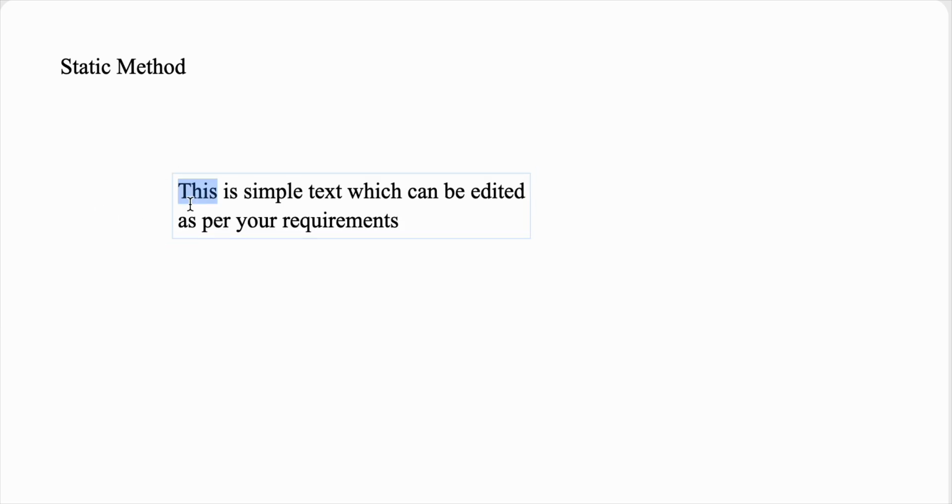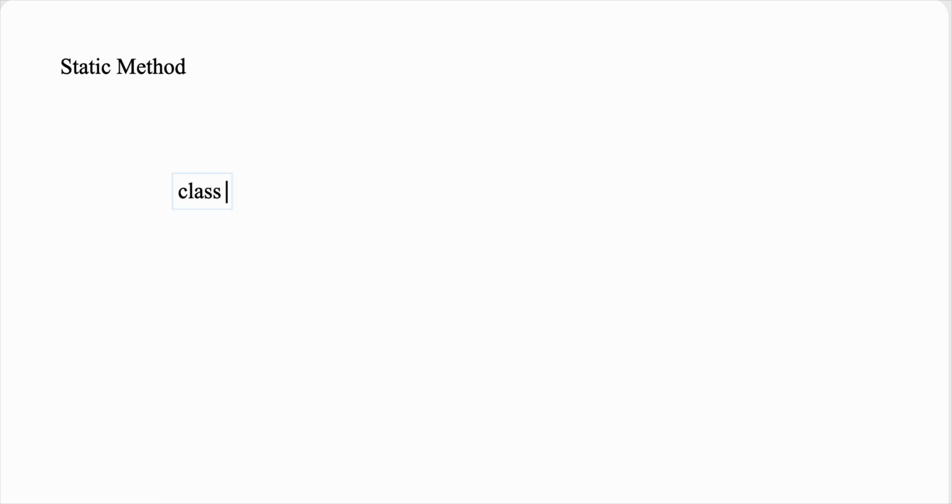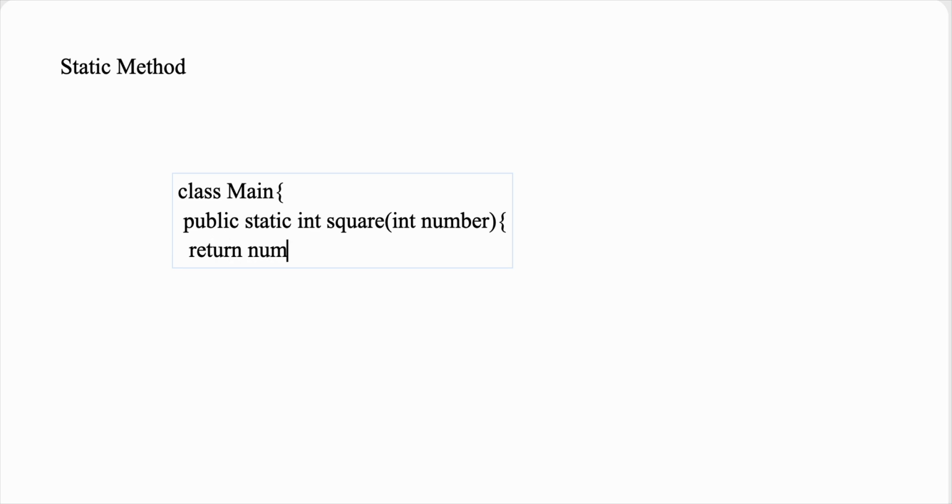For example, suppose we have a class, and inside the class we have one method: public static int square, int number. Here we are returning number into number.